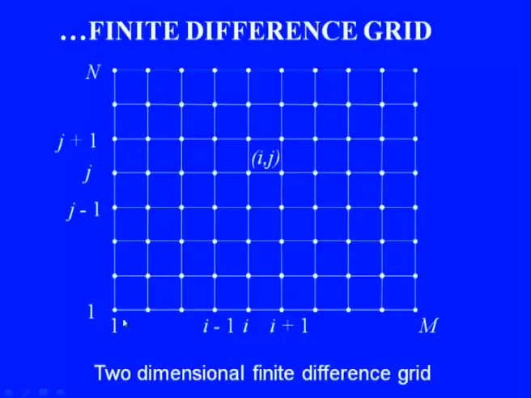So let us have a look at a typical two-dimensional finite difference grid on a rectangular domain. So we have used m grid lines in the x direction and n grid lines in the y direction. Each node can be identified by a pair of indices corresponding to the intersection of the grid lines. For instance, this particular node belongs at the intersection of the x equal to xi grid line and the y equal to yj grid line. So we will use a simple symbol i, j to denote this finite difference node.